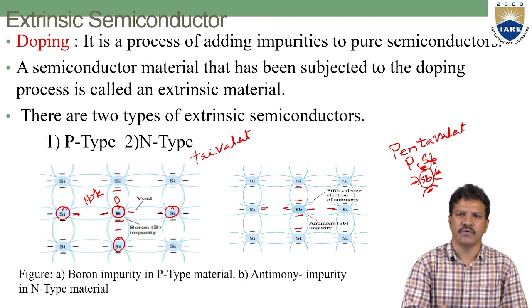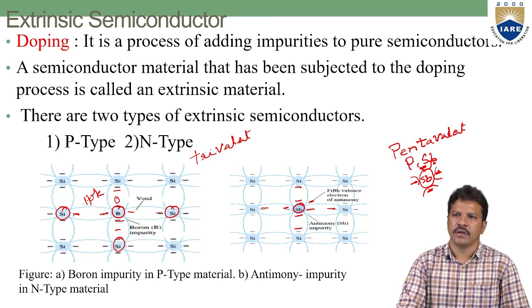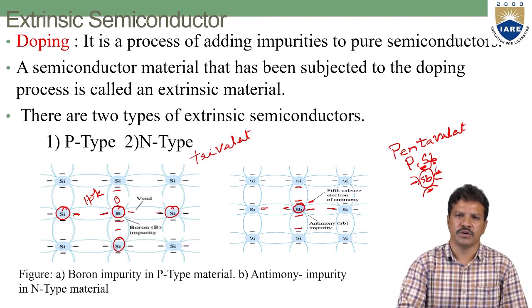But what about the 5th valence electron? The 5th valence electron is loosely bonded with this antimony atom. This process is continued in some ratio. Then the number of excess electrons, or 5th electrons, increases, so that in n-type material there are more excess electrons, whereas in p-type material there are more holes.